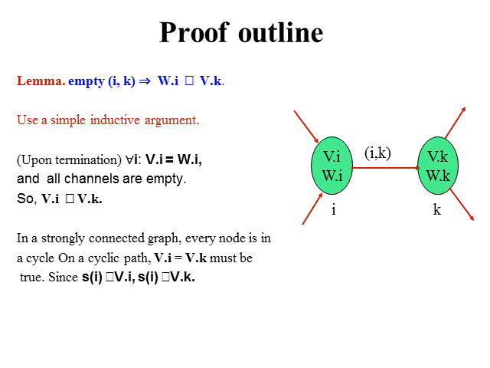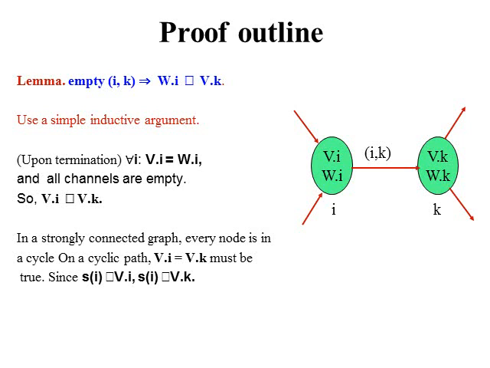In the figure on the right hand side of the slide, there are two processes, I and K. If there is a path from I to K, there is also a path from K to I. That is what a strongly connected graph means, and so there will always be a cycle between any two processes I and K. In a strongly connected graph, every node is in a cycle with every other node in the system.